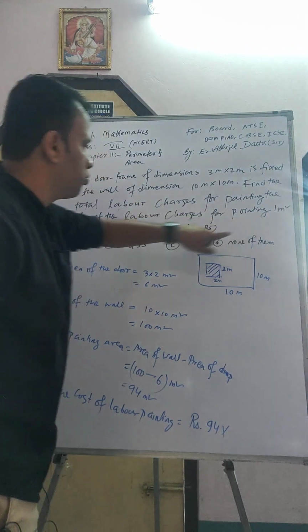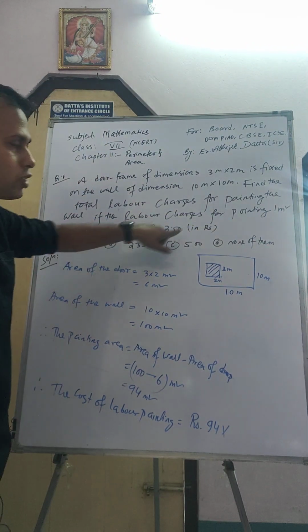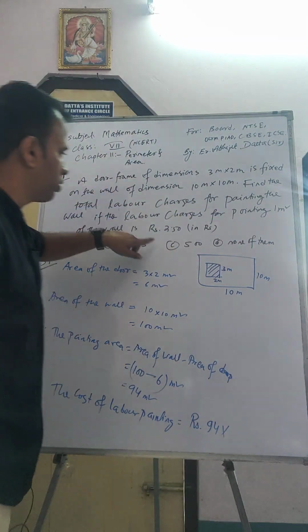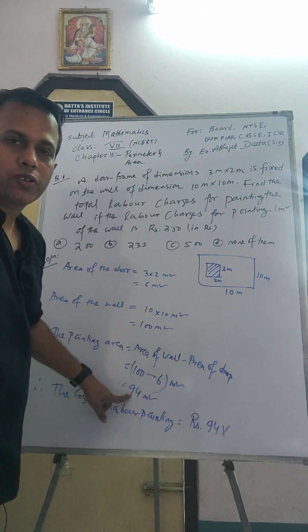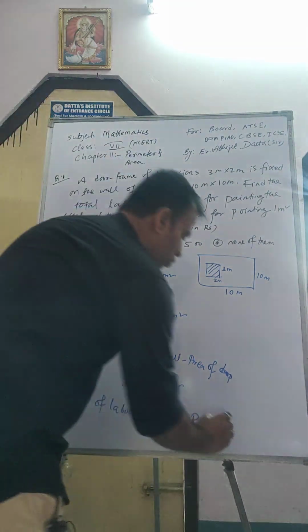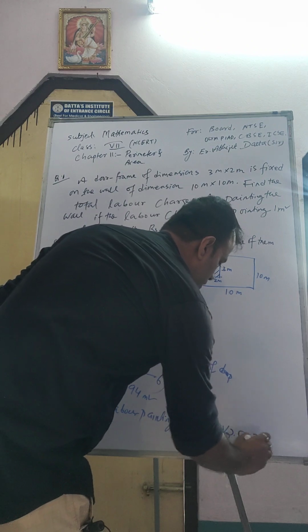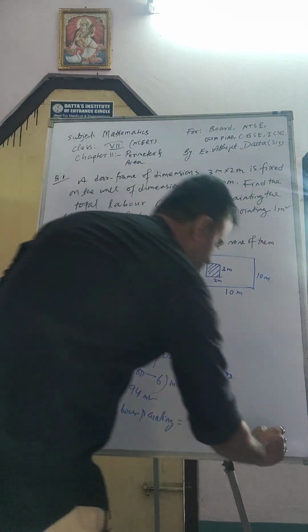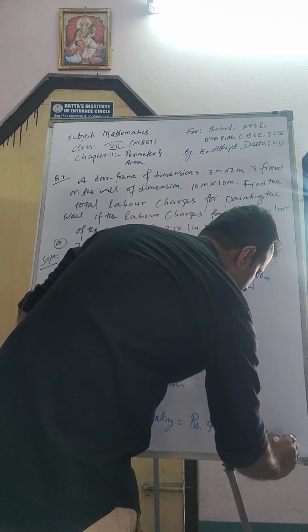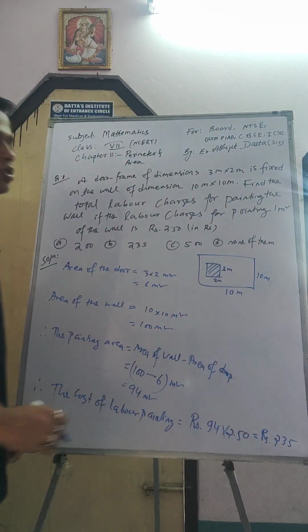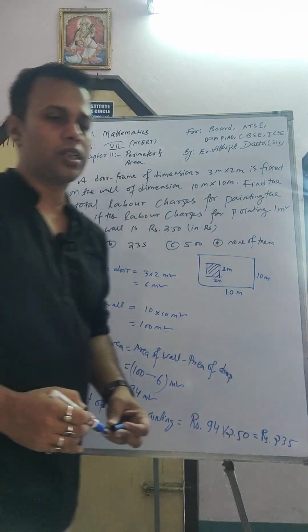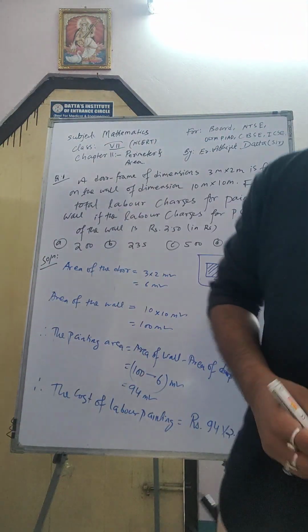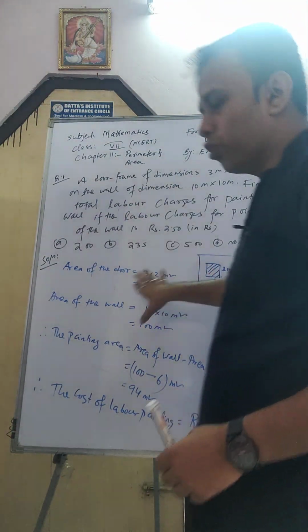The rate per meter square is 2.5 rupees. Here 94 meter square is there, so 94 into 2.5. If you multiply this one, it will come near about 235. 235 rupees is the cost for painting the wall excluding door.